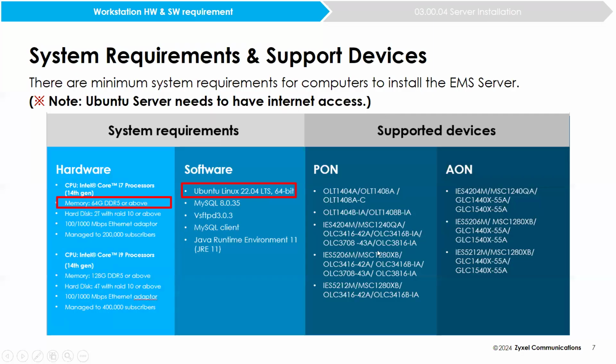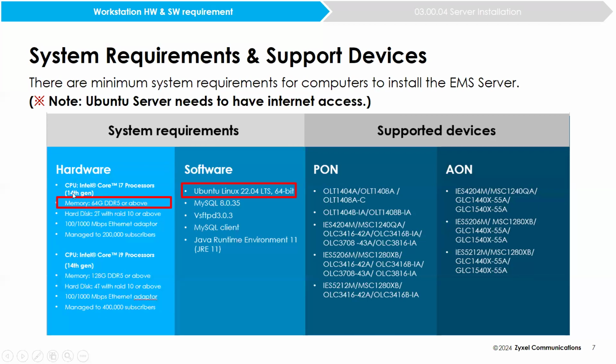Okay, this is the basic system requirement shared by our marketing team. And as you can see, this hardware specification is the information shared by our RD team. Here I list some key points for the hardware specification.